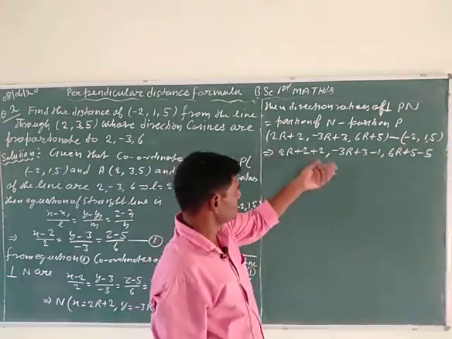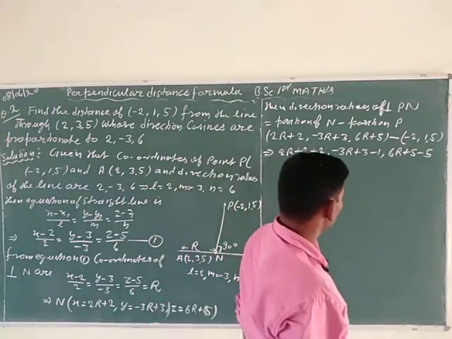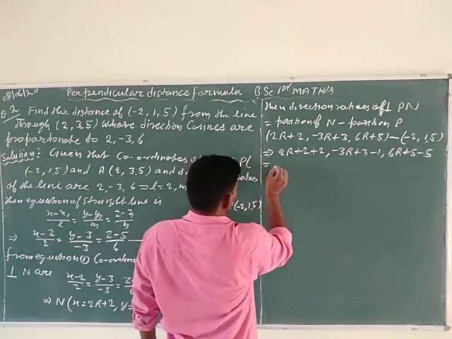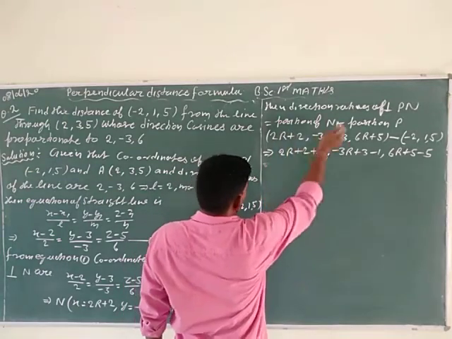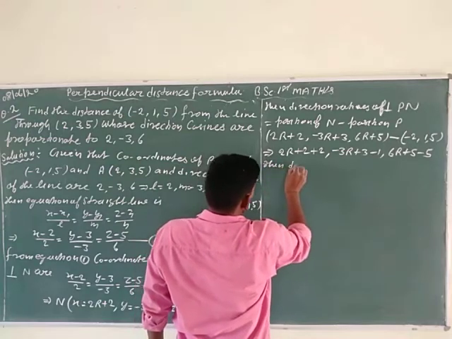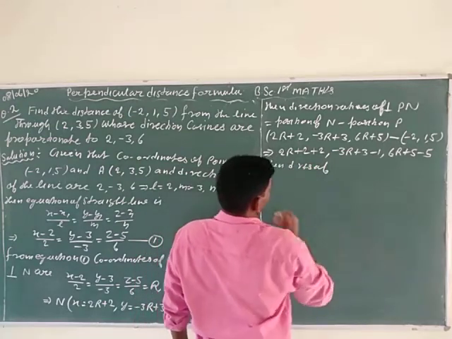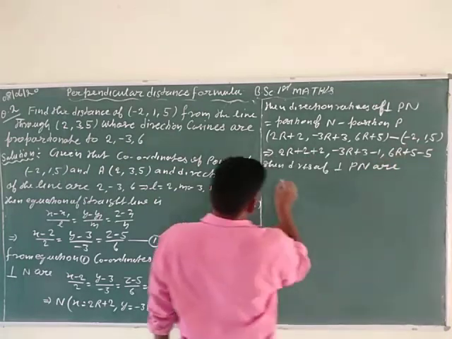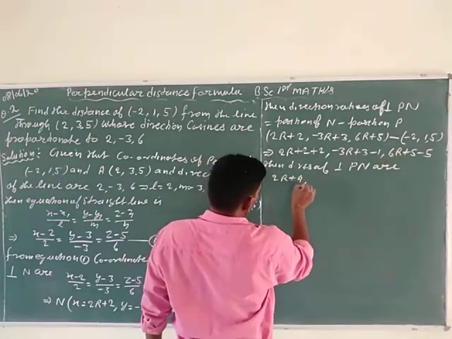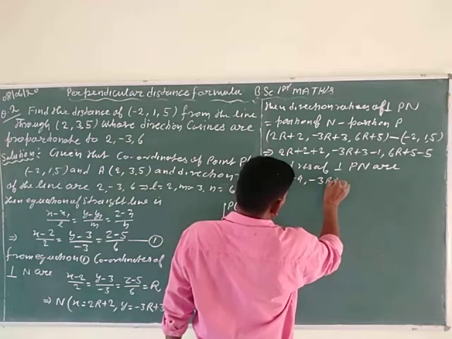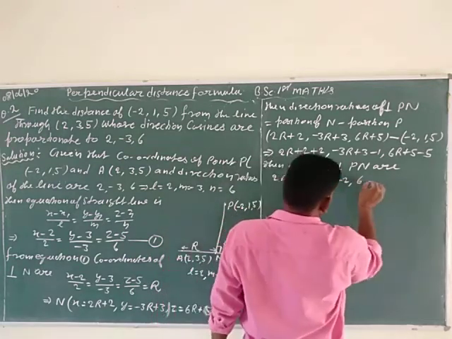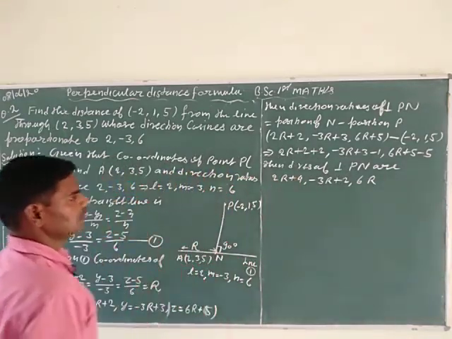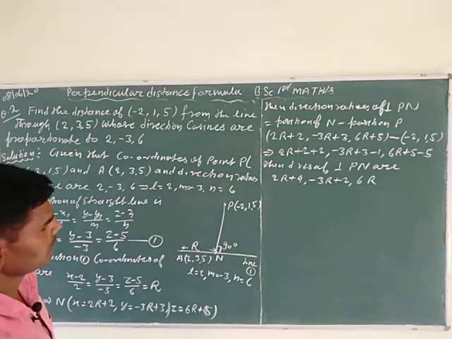You know that 2 plus 2 is equal to 4, 3 minus 1 is equal to 2, and 5 minus 5 is equal to 0. So putting these values in, the direction ratios of the perpendicular line PN are 2r plus 4, minus 3r plus 2, and at last 6r, because plus 5 minus 5 cancel each other and only 6r remains.